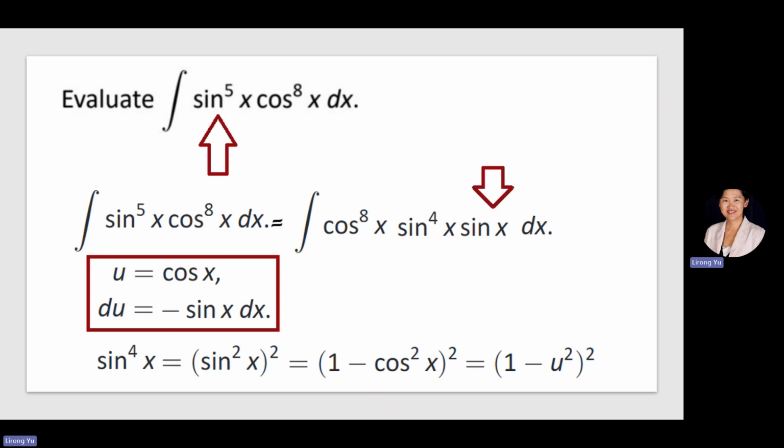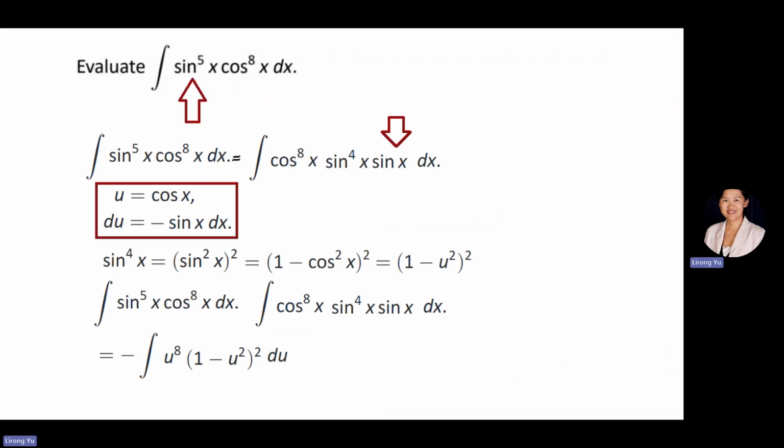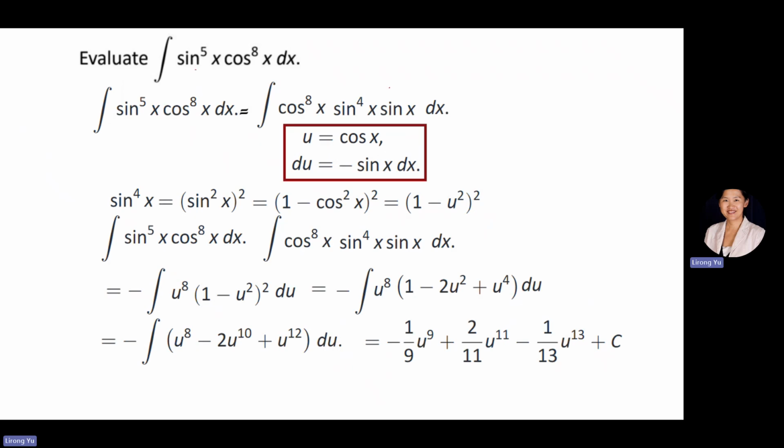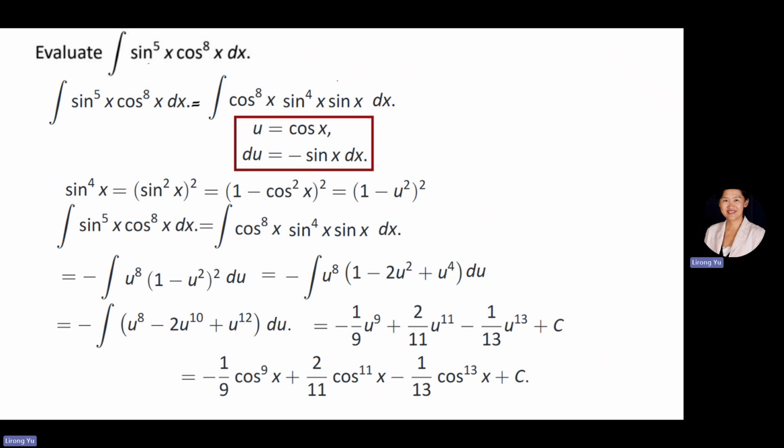Then we substitute, and the sine to the fourth power can be expanded so we can write the u substitution. After everything is represented with variable u, we finish the integration using the power rule, and then we write back to the original variable. That's what we did yesterday.